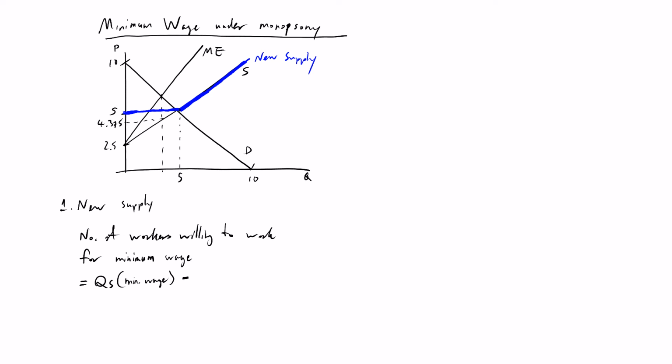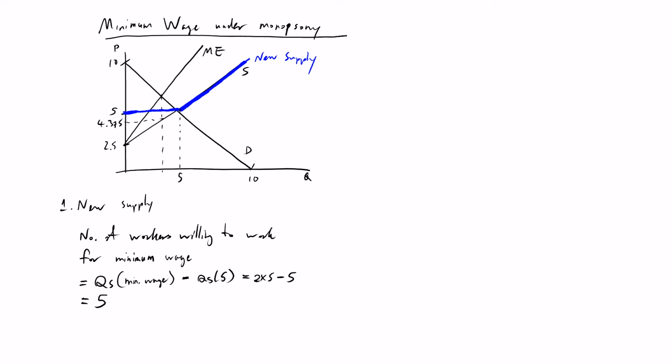In this case, that's QS of $5, which is 2p minus 5, so 2 times 5 equals 10 minus 5, which equals 5. So 5 workers.